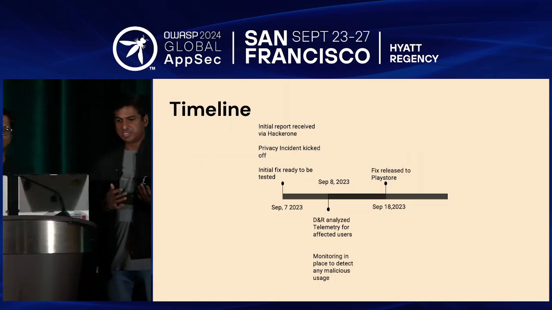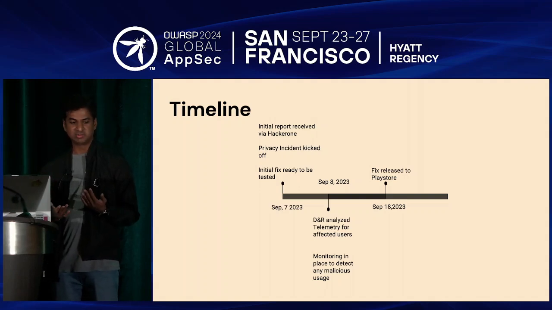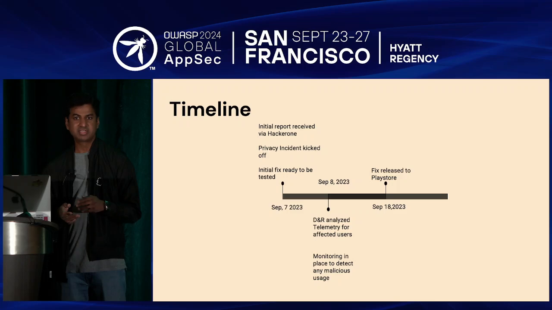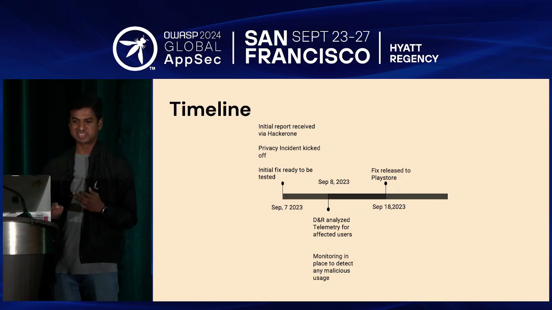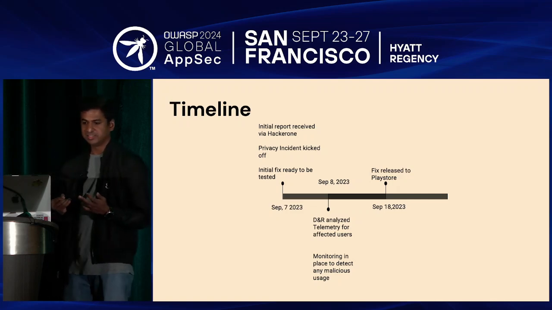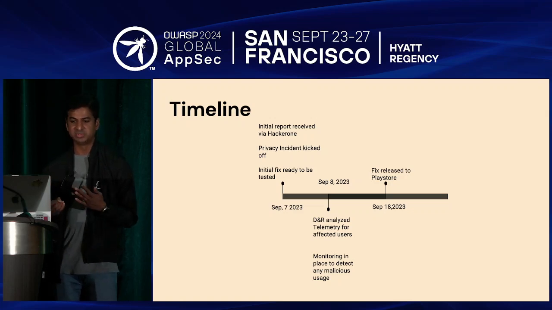If you look at the timeline, we received an issue initially from the HackerOne platform. We kicked off something called a privacy incident for this case because it was more of a user's privacy that was being violated. In parallel, we fixed the issue, but also worked with our detection and response team to collect telemetry about any usage of this in the wild.